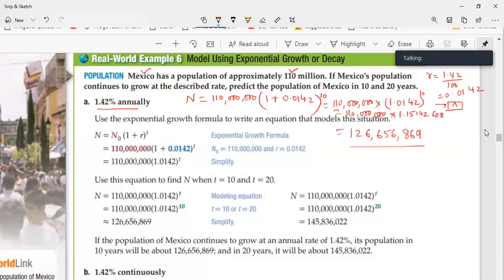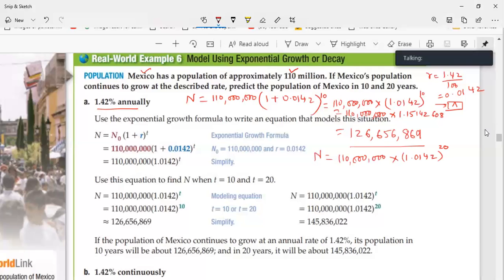And after 20 years we also have to find. So for 20 years, 110,000,000 times 1.0142 raised to power 20.